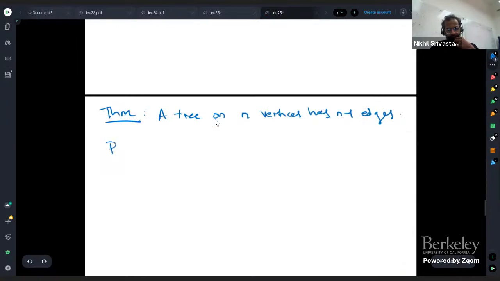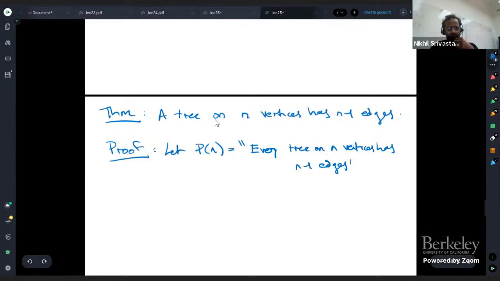So, proof by induction. Let P(n) be: every tree on n vertices has n minus 1 edges. The base case P(1) is true because the tree is just an isolated vertex with no edges.